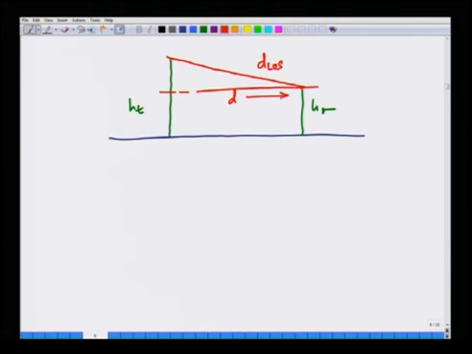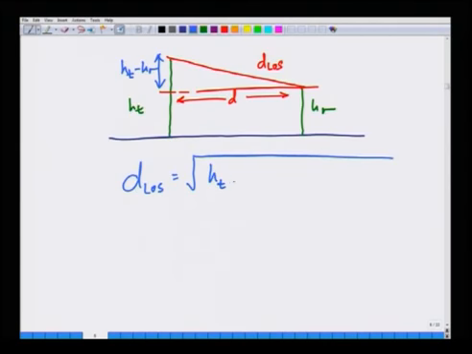This distance is the horizontal distance, which is D, and the height of this triangle is HT minus HR. This is a right angle triangle with sides HT minus HR and D. Hence, dLOS is nothing but the square root of (HT minus HR) square plus D square.